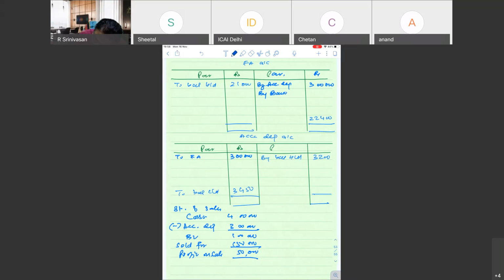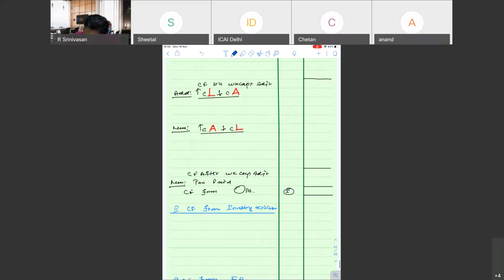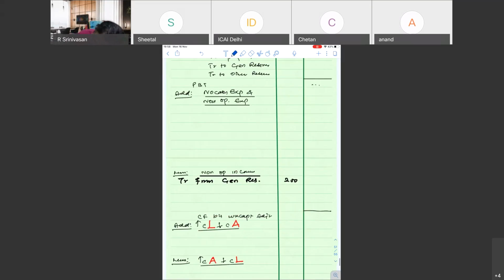By bank, sales, 150,000. To profit on sale, 50,000. Okay, so this will be profit on sale of fixed assets.